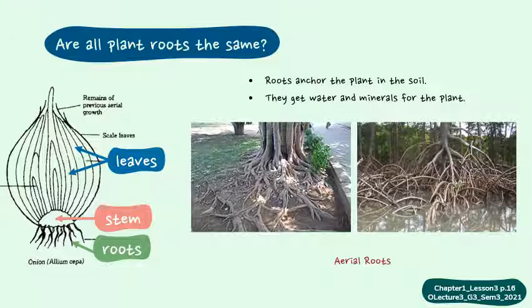So when next time they ask you, is there any types of roots that grow above the ground? You can say yes. Aerial roots are types of roots that grow above the ground. We can see them. But most of the time and usually, roots grow under the ground to get the water and the minerals needed by the plant.